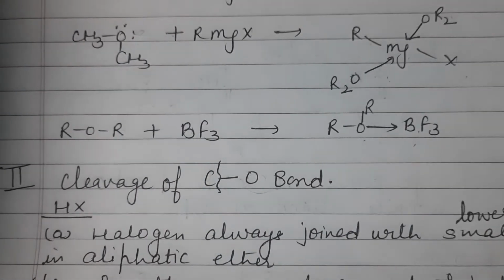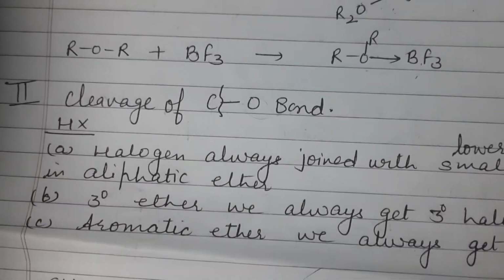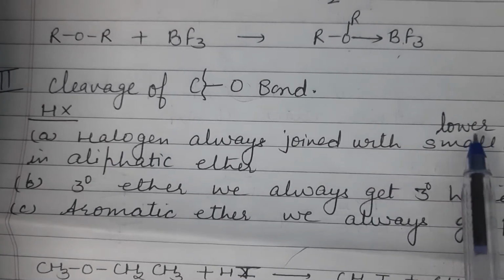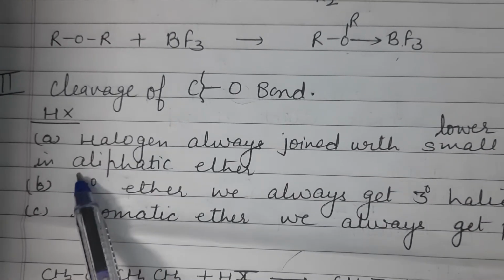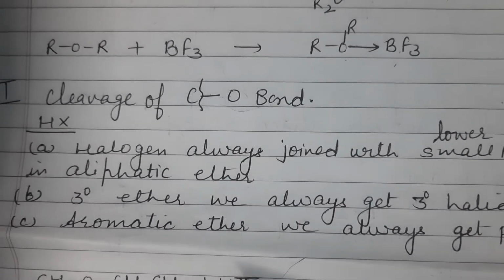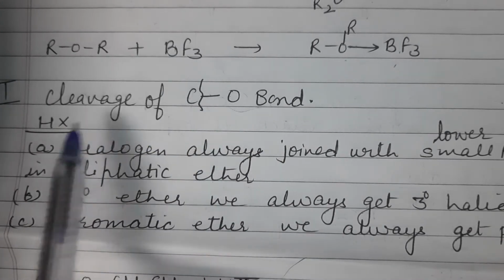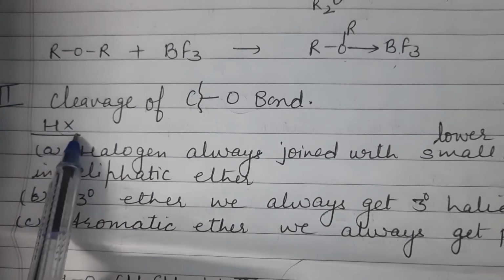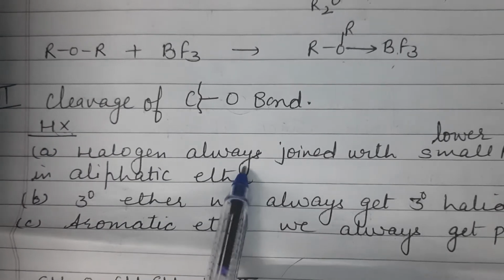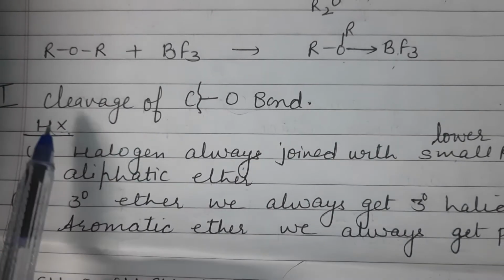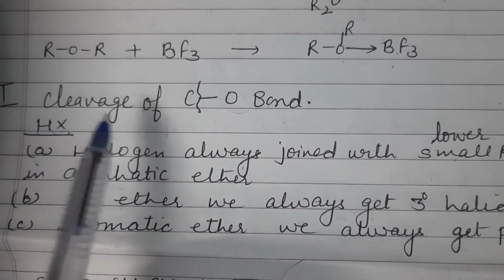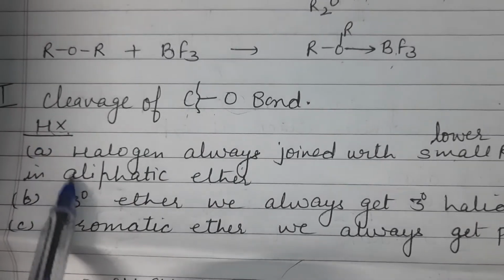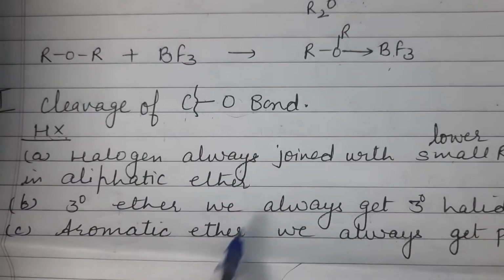First, reaction with halogen acids. A halogen acid always joins with the lower R group in aliphatic ether. When ether reacts with a halogen acid, then the halogen part of the halogen acid goes with the small R group and forms an alkyl halide, and the H part goes with the big R group's oxygen, O and H. Okay, that's why it forms alcohol.